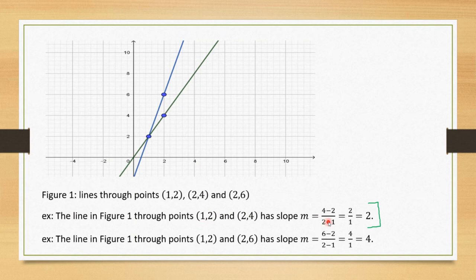Again, 4 and 2 come from the same point. They're on top of each other. You don't want to separate them, so to say. 2 and 1 come from the same point as well. So we subtract. We have 2 over 1, which is 2.